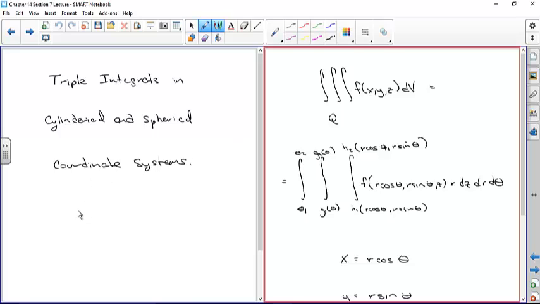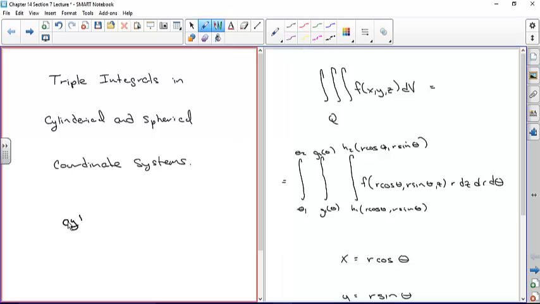So cylindrical, what you have is r and theta, just like you do in polar coordinate systems, and then you have a z coordinate. Now in Cartesian coordinates, the z value is a function of x and y, but in this case z is a function of r and theta.